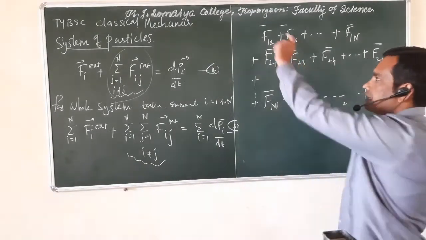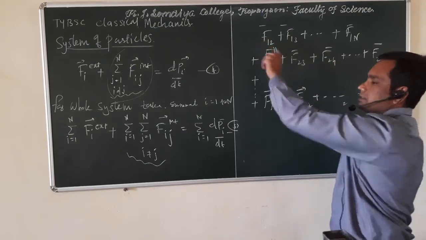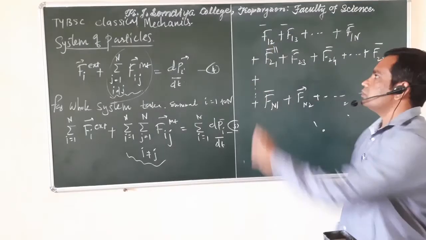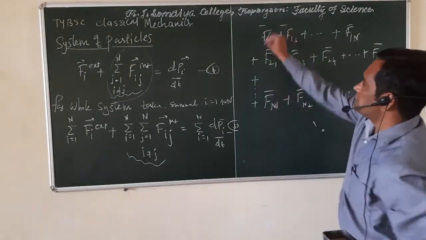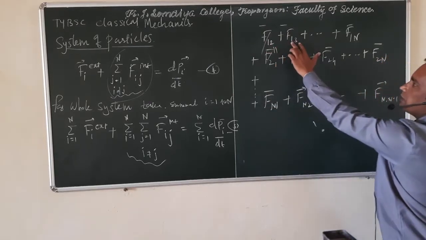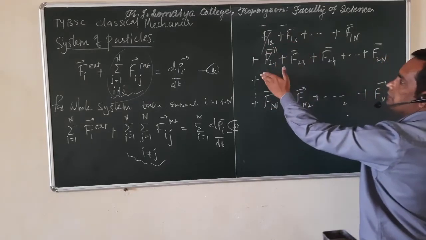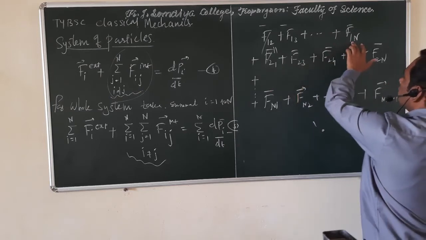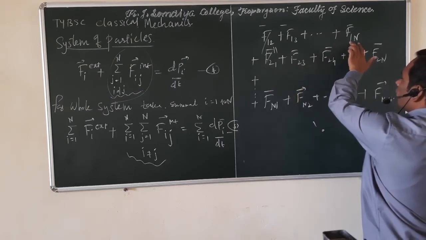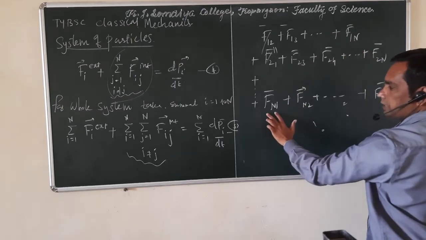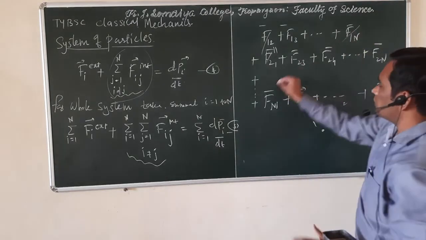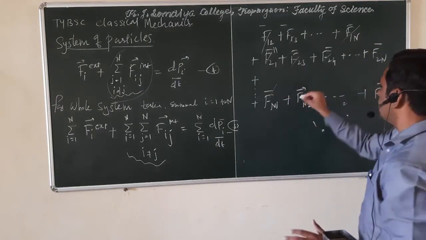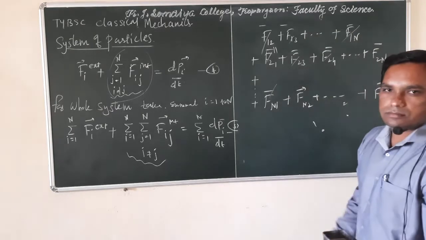If two forces are equal and opposite, these two forces cancel each other. So this is cancelled with this. Similarly, F13, here we have F31, and for 23 we have 32. Similarly, for the last term, here we have F1n, here we have Fn1. So all these terms are cancelled with one another.